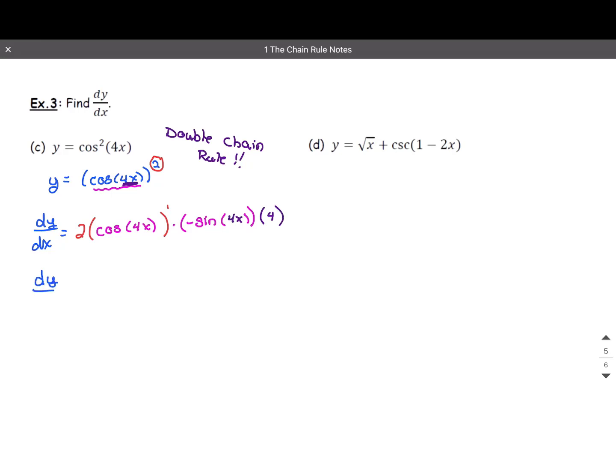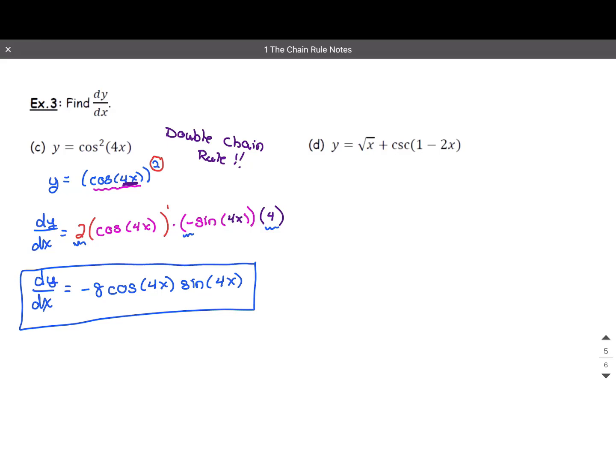Now, the monomials, we've got a 2, we've got a negative 1, and we've got a 4. So that's negative 8 cosine of 4x, sine of 4x, and there is our derivative. Haha.